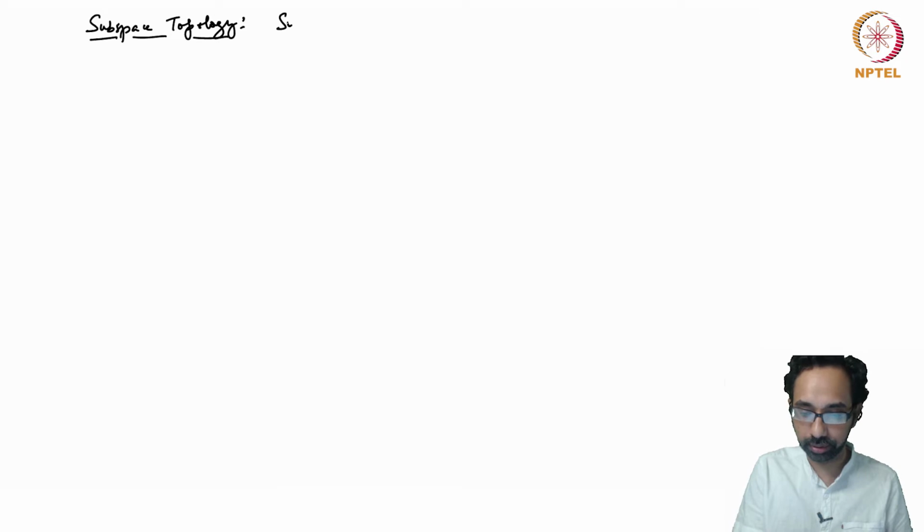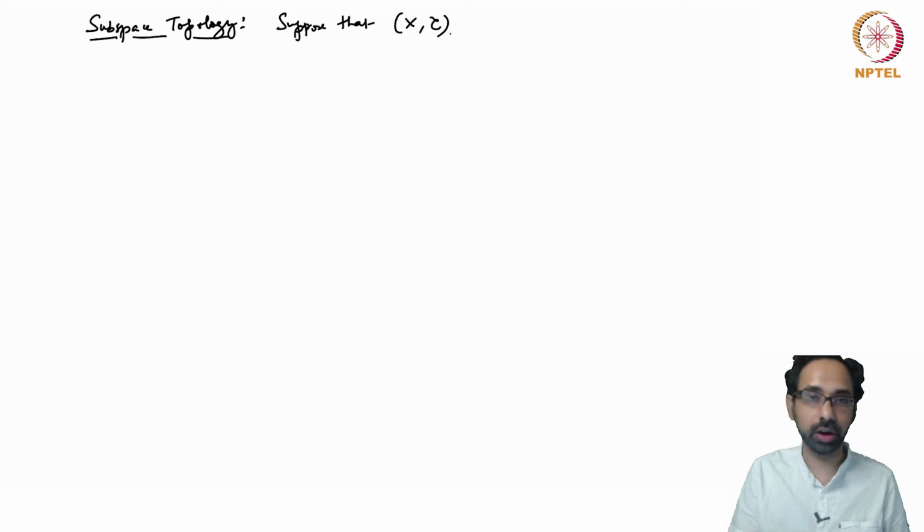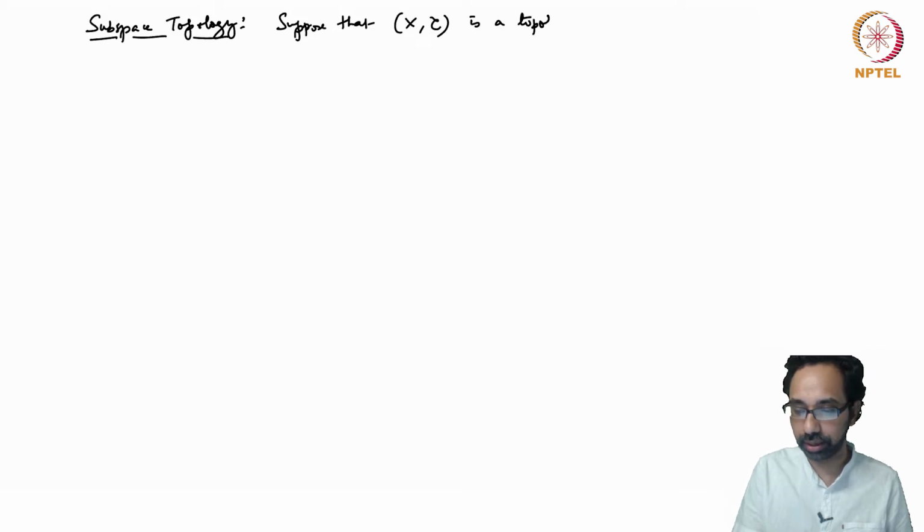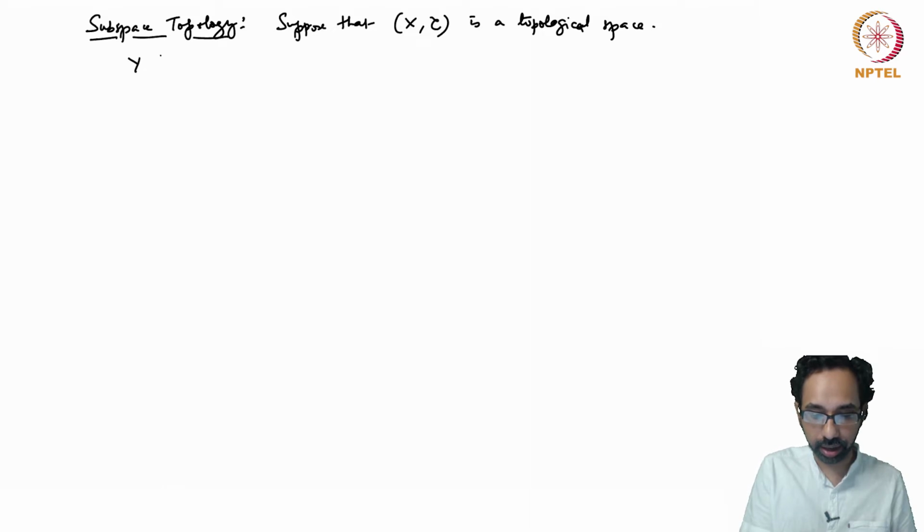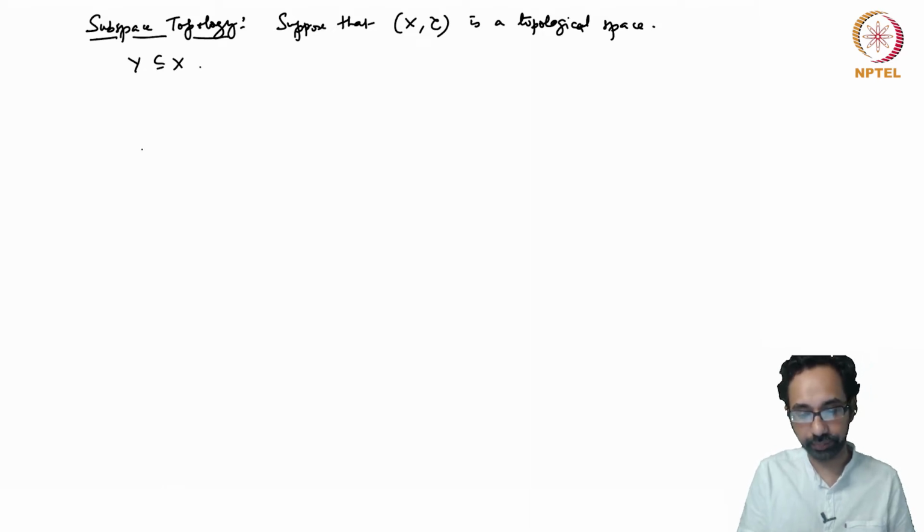So suppose that X is a non-empty set and tau is a topology on X. So this is a topological space, and suppose that Y is a subset of X.